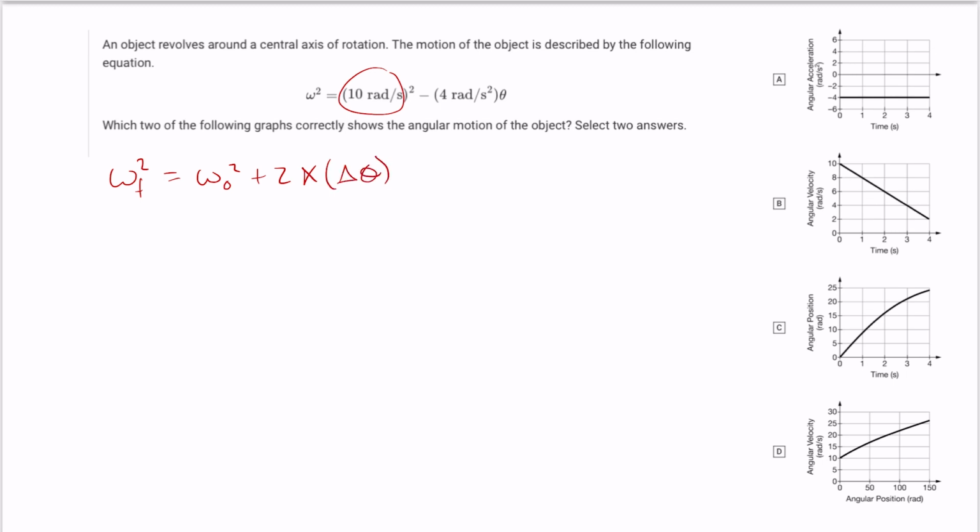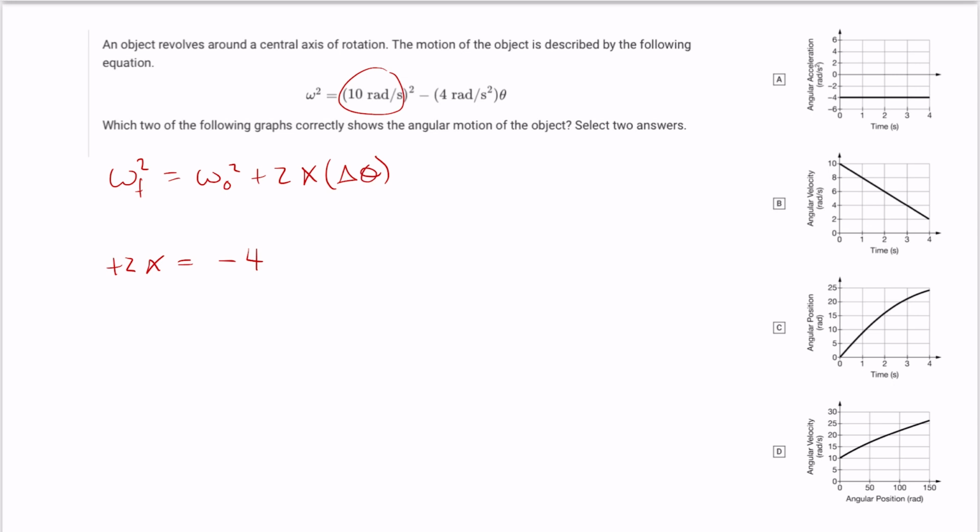Okay. So if I go ahead and match everything up here, this theta is just that theta. This 2 alpha goes here. Then what I'm going to notice is that if I take that plus 2 alpha, that should be equal to this negative 4 that I have in radians per second squared.